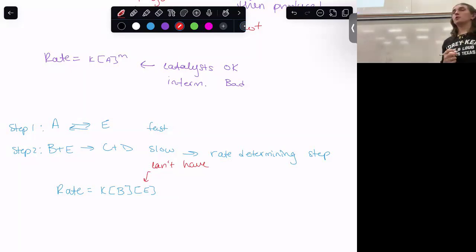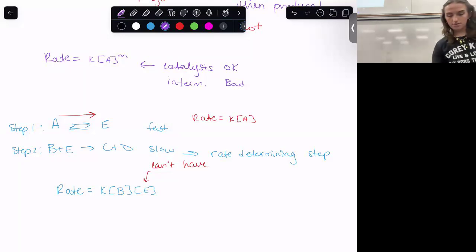With step 1 being an equilibrium, we could still write rate laws for that reaction. If we were to write the rate law for the forward reaction, what would the rate law for that look like for step 1? Rate is equal to k times [A], right? It's the only reactant we have. So that's going to be the forward. If the forward is happening at equilibrium, the reverse is also happening.